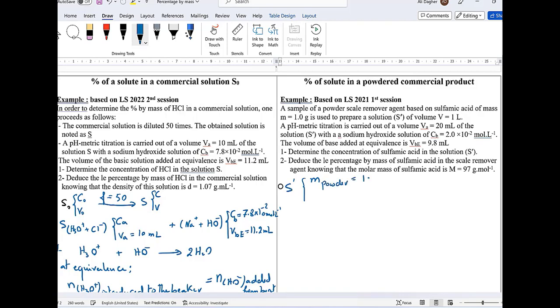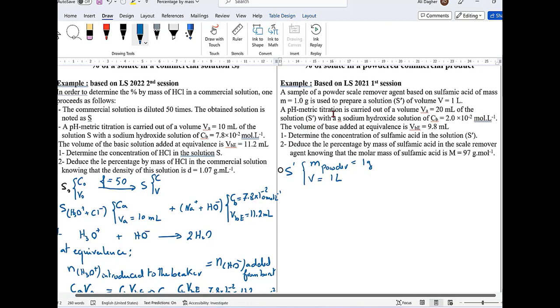A pH metric titration is carried out of a volume VA equal 20 milliliter of the solution S prime with a sodium hydroxide solution of Cb equal 2 10 negative 2 mole per liter. The volume of base added at equivalence equal 9.8.